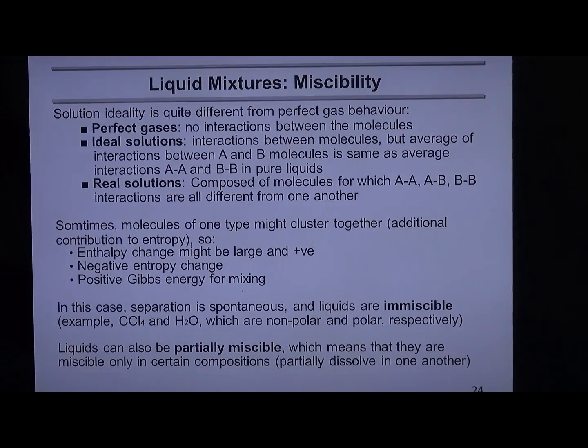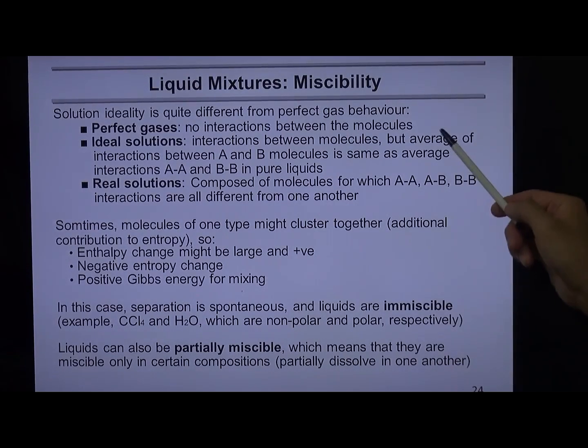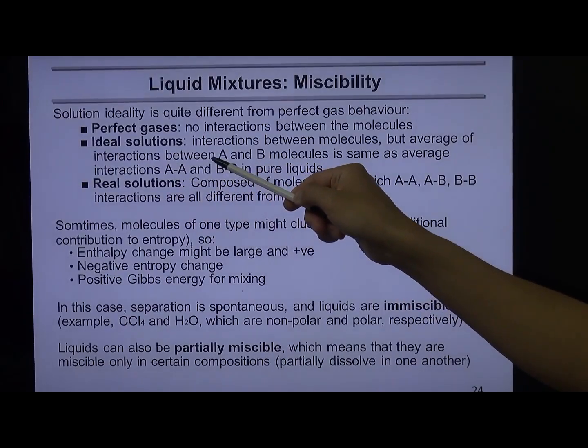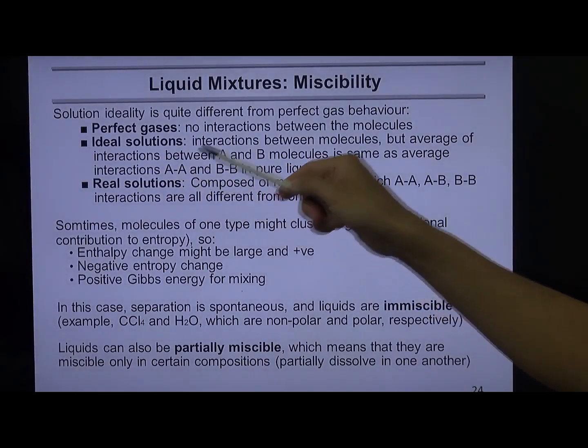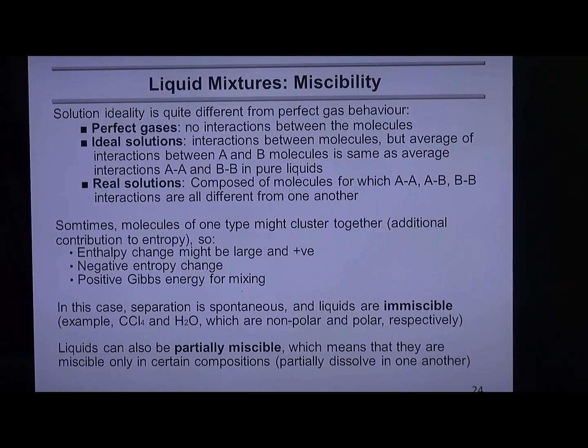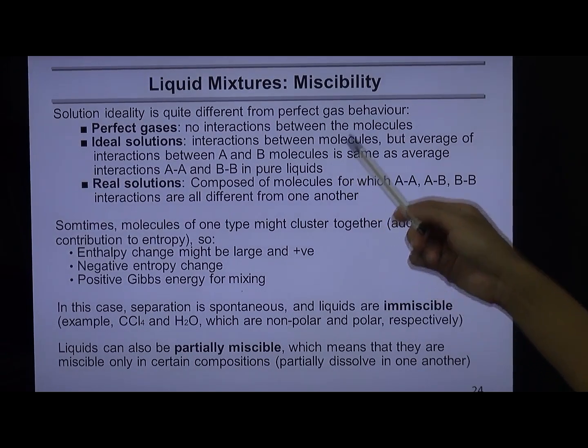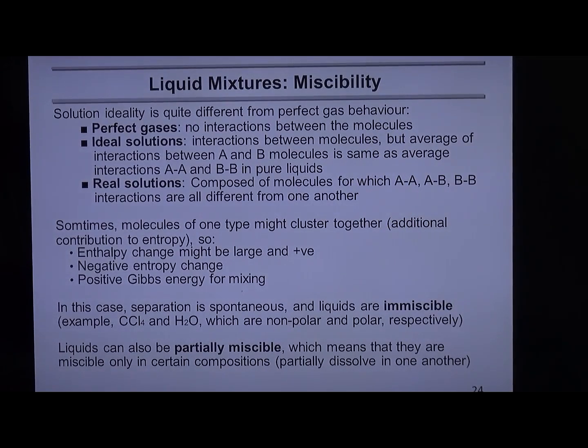So since they have similar chemical structures, their average interactions between A and A, or B and B, or A and B are quite similar. There are interactions, but the interactions are similar. So that's why we got the same thermodynamic properties upon mixing two different liquids as mixing two different gases.